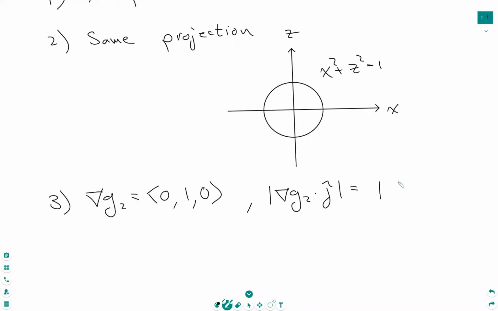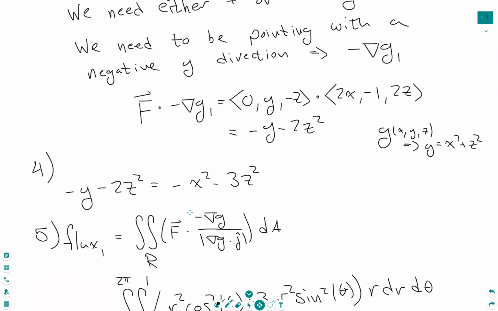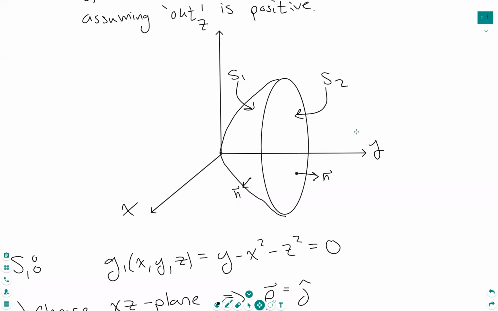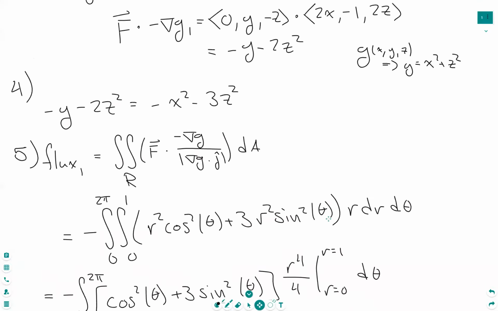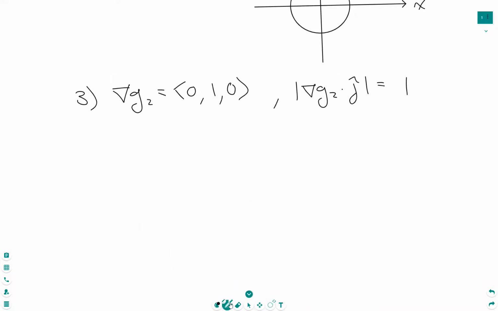So this time, if we scroll all the way back up to our surface, this time the normal should be pointed in the y direction, right? This is a flat surface, and we're trying to point in the positive y direction. So you could have even just guessed what n was. It is just going to be a unit vector in the y direction.